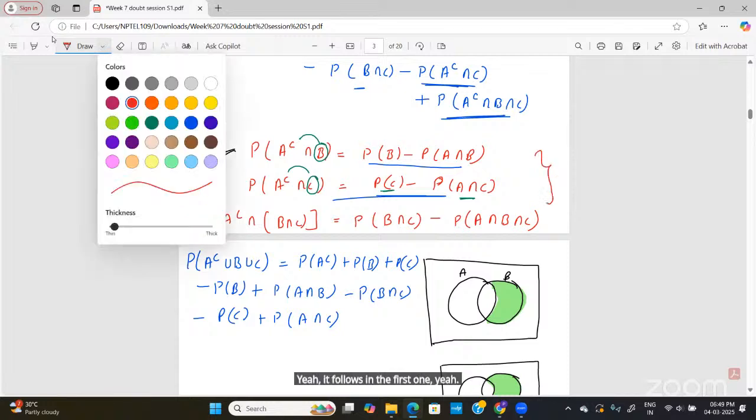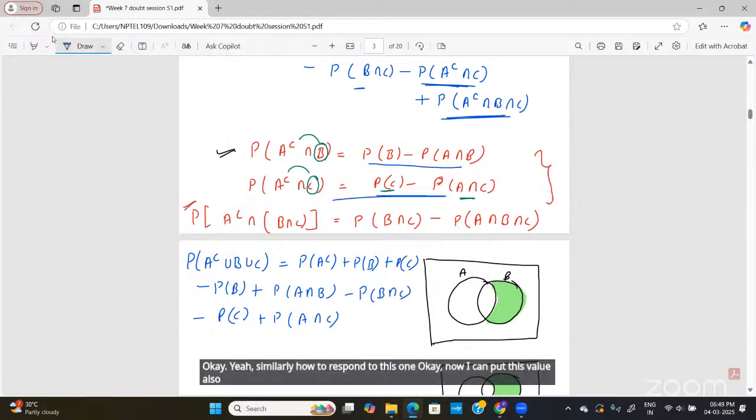Now I can put this value also. In place of A complement intersection B intersection C, I will write this part.